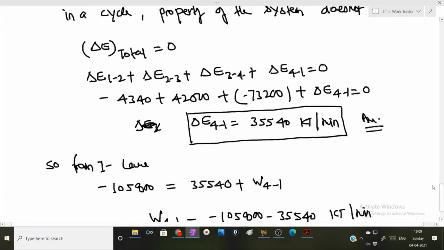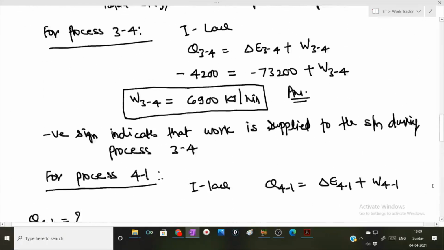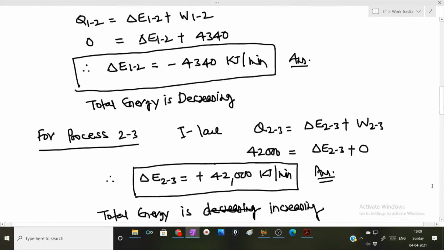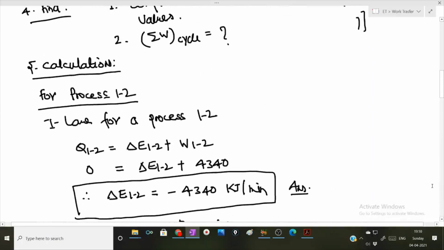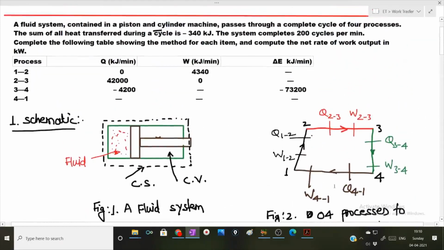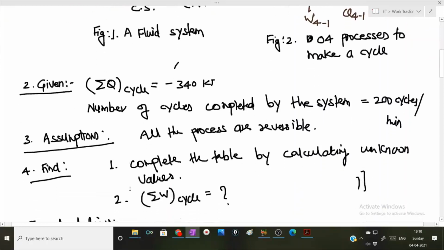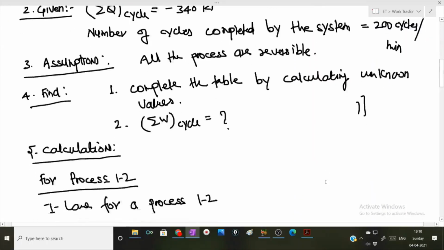So we could calculate all the unknown terms in the processes 1 to 2, 2 to 3, 3 to 4 and 4 to 1. Hence we can complete this table, because as a solution of this problem, the first part requires us to complete the table by calculating unknown values.